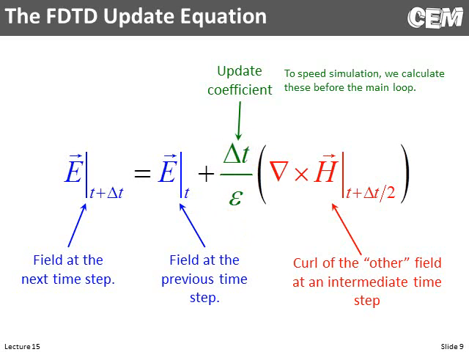Now for just one little division, maybe that doesn't make a whole lot of sense, but once we start putting PMLs, perfectly matched layers, into this and other bells and whistles, those update coefficients get very big and ugly. But they're all constants of material properties and time steps that don't normally change with time. We can calculate that once before the main loop, and then we don't have to keep repeating that every iteration.